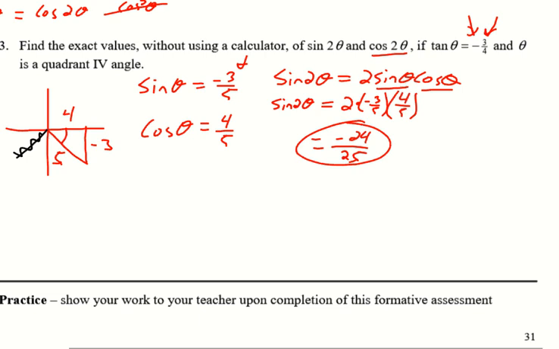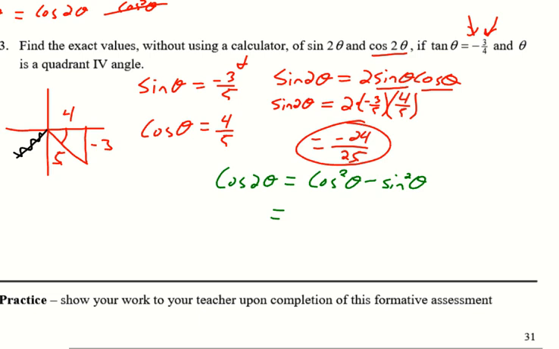And it also wanted us to find cos 2 theta. So that's going to be similar. I'll say cos 2 theta is equal to, and we'll do this one, cos squared theta minus sine squared theta.